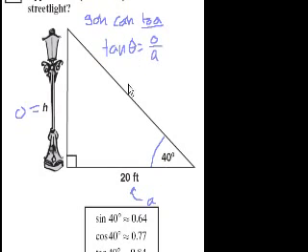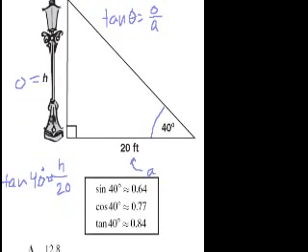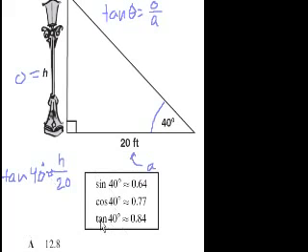In this case, tangent of 40 degrees is going to be equal to the opposite, which is h. That's what we're trying to solve for. Over the adjacent, which is 20 feet. And tan of 40 degrees isn't something most people have memorized, and that's okay because they gave it to us. Tangent of 40 degrees is 0.84. So we get 0.84 is equal to h over 20.